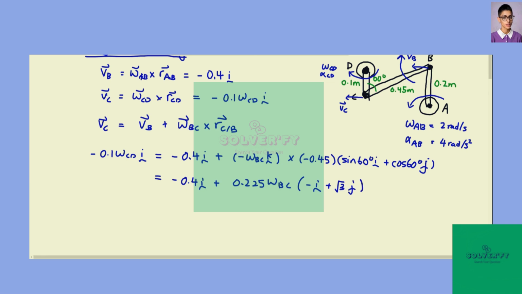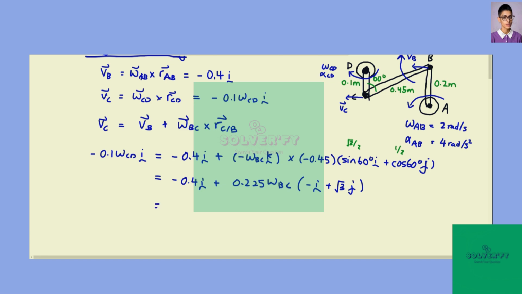Sine 60 degrees is square root 3 over 2, cosine 60 degrees is half. Take out the half, multiply with 0.45 gives 0.225, and the negative signs in front of the omega BC and 0.45 cancel out. Then k cross i gives positive j, and the square root 3 follows, and k cross j gives minus i.